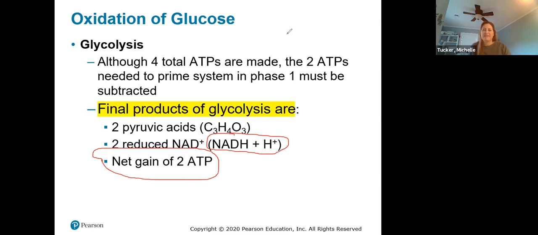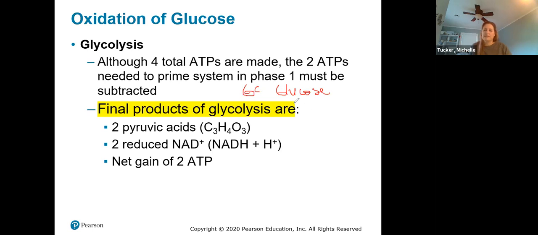So what are the take-home messages? The take-home for glycolysis is that we start with glucose, and glucose is a 6-carbon molecule.